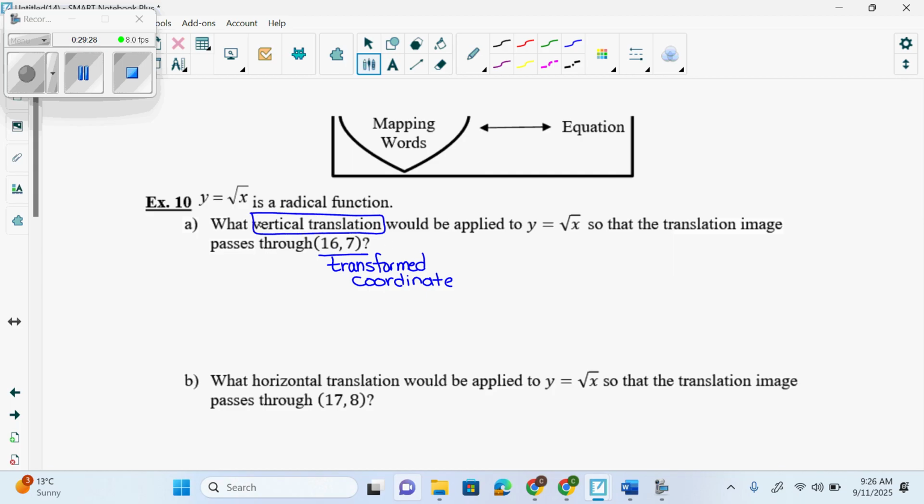So if only a vertical translation is happening, what value is staying the same? The 16, right? So technically, we have 16 comma something becomes 16, 7. And this is our OG, our original. How do I know what the y is on the OG?